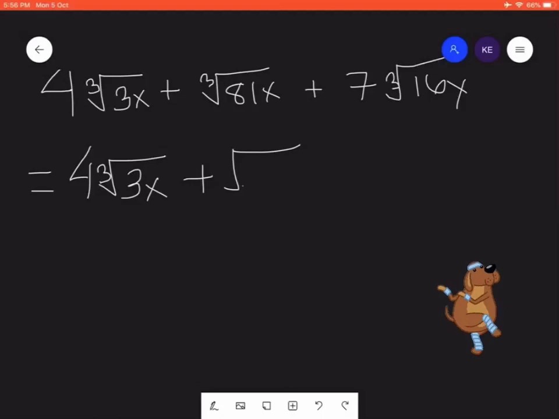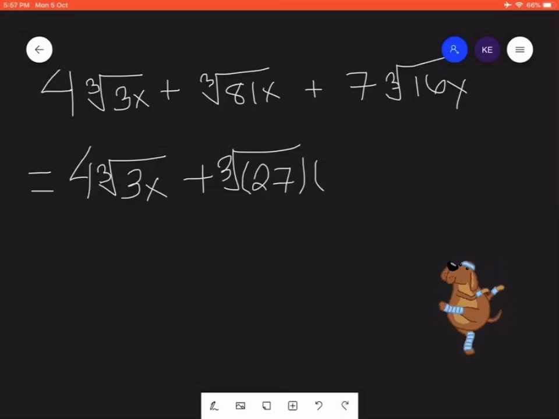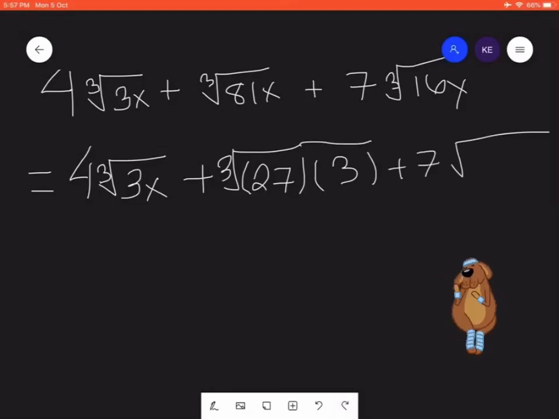We must find two factors of 81. One is a cube, a perfect cube, and one is not. So, two factors, one is a perfect cube, one is not, is 27 and 3. Okay, I forgot to put the x.